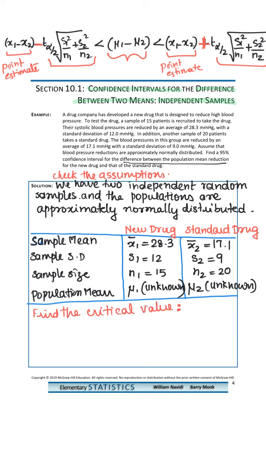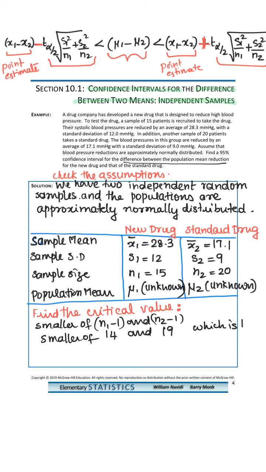As I mentioned before, the degrees of freedom will be the smaller of n1 minus 1 and n2 minus 1. So n1 is 15, minus 1 is 14, and n2 minus 1 is 20 minus 1, that is 19. That means the smaller of 14 and 19, which is 14, right?